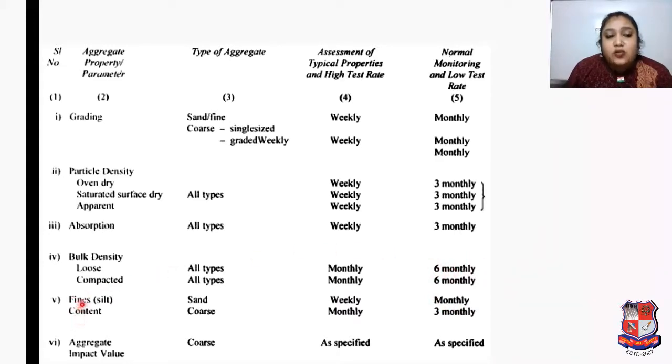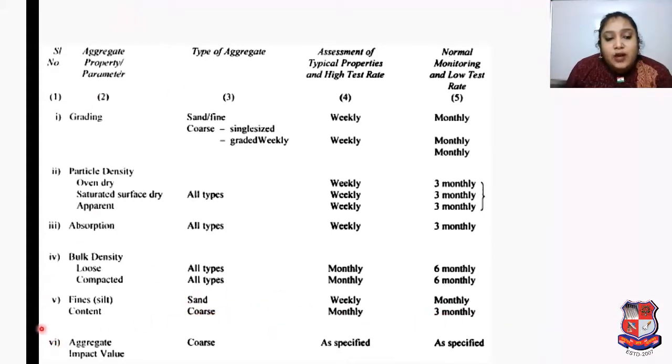If we talk about fines, silt content, then type of aggregate sand, coarse. So for assessment of typical property and high test rate, weekly for sand, monthly for coarse, monthly for sand, normal monitoring, and after 3 months or at 3 months for coarse.